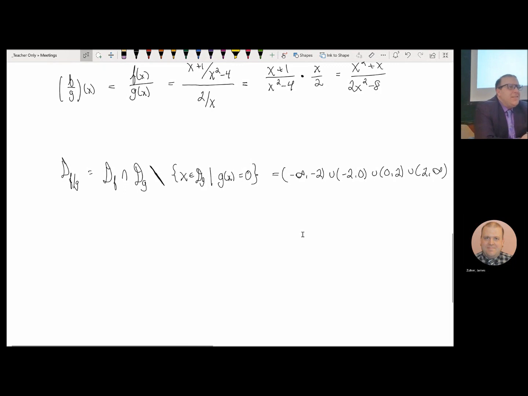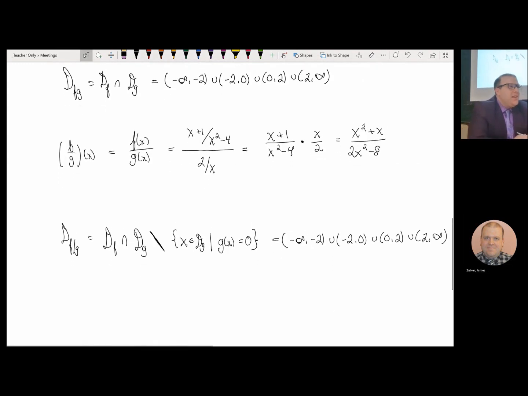Well, it's not always going to be the domain of f, but in this instance, it's not just the domain of f. It's the same as what we've had before. It's the intersection only. And zero's not in there, because again, you can't divide a number by an undefined term or vice versa. So both f and g have to be defined.